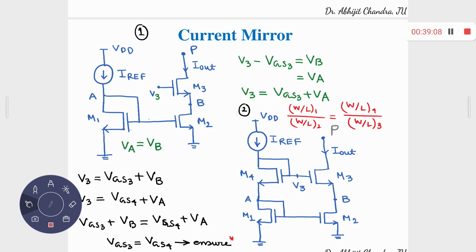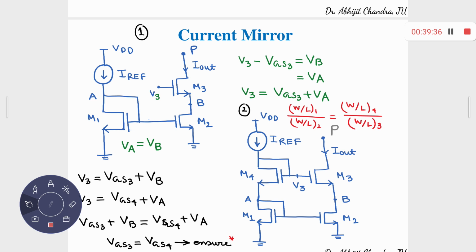I can select it arbitrarily. Under this condition, what is the minimum value of the potential at point P? What is Vp minimum for circuit 1?